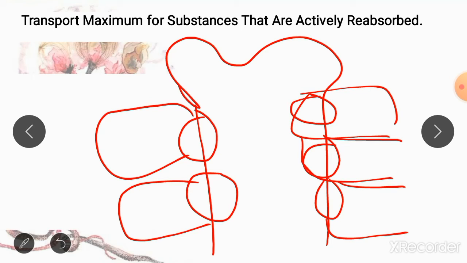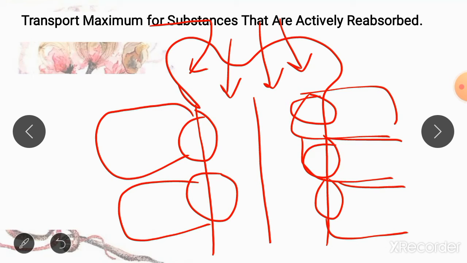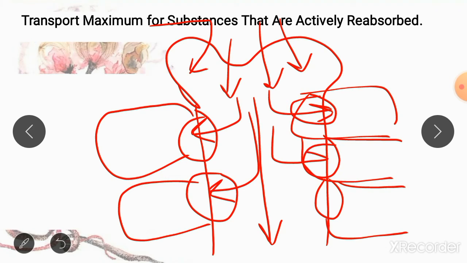So suppose this is a carrier protein, and the substance which is being filtered from the glomerulus enters into the Bowman's capsule, and as it passes down the tubular system, it is being reabsorbed by these carrier proteins. And if the carrier proteins are not saturated, they are going to absorb all of the substance.